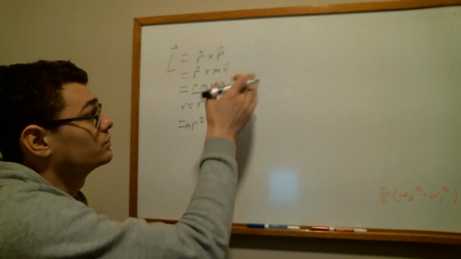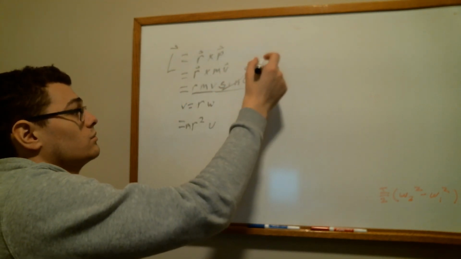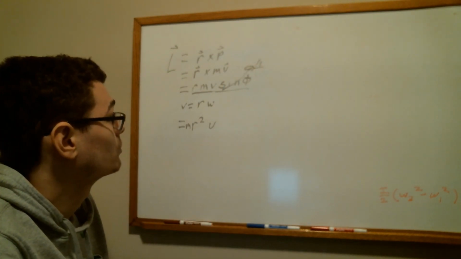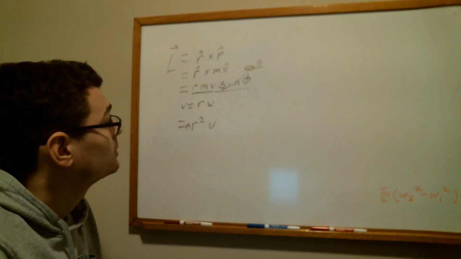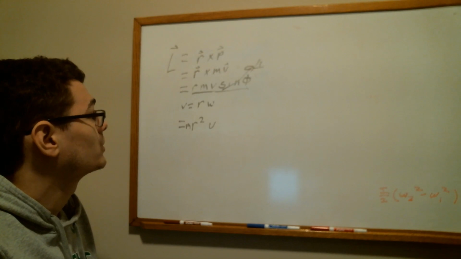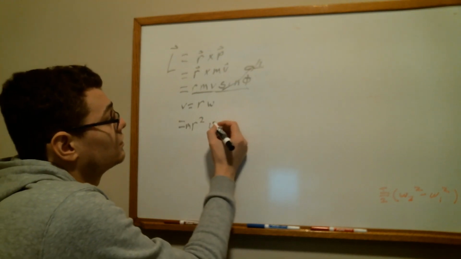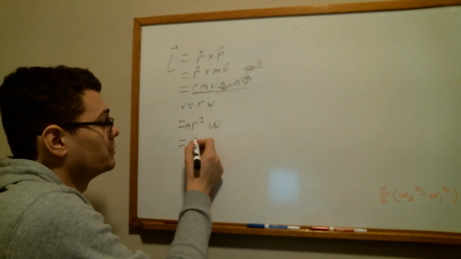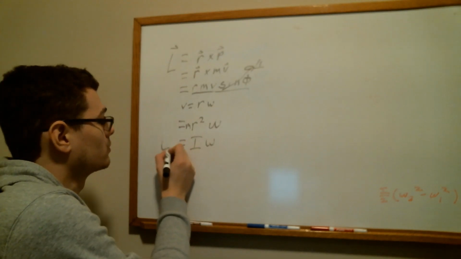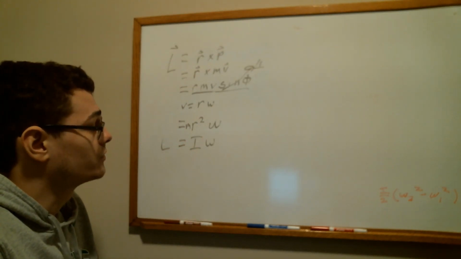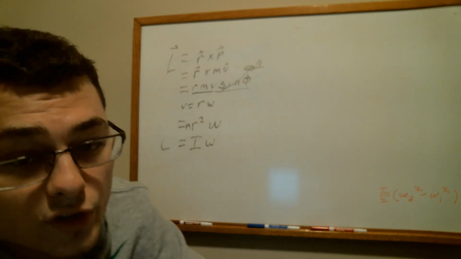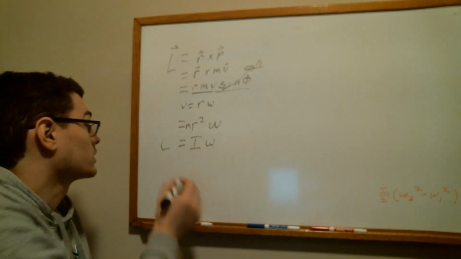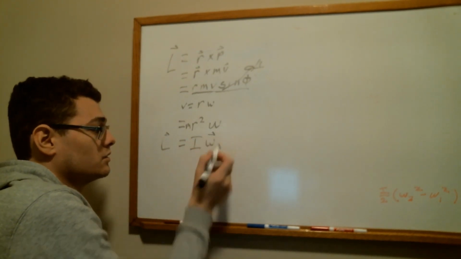Now let's assume that sine of phi goes to 1, and we'll say that the angular momentum here is tangential, and we're only worrying about this part. So now this M R squared is going to be our moment of inertia, and so our angular momentum is equal to the moment of inertia times our angular velocity, or our rotational velocity. And we can now convert this into a vector equation by putting the hats over our two vectors here.